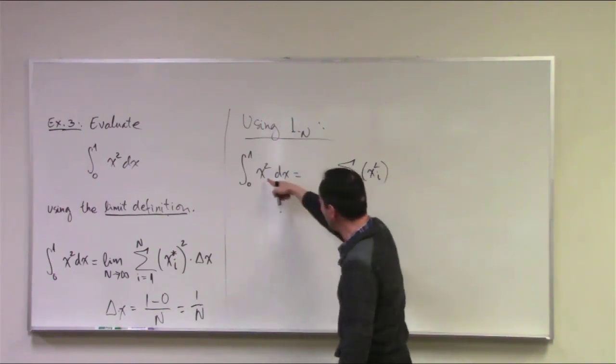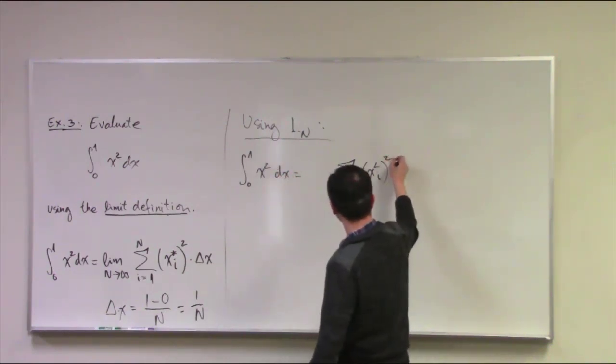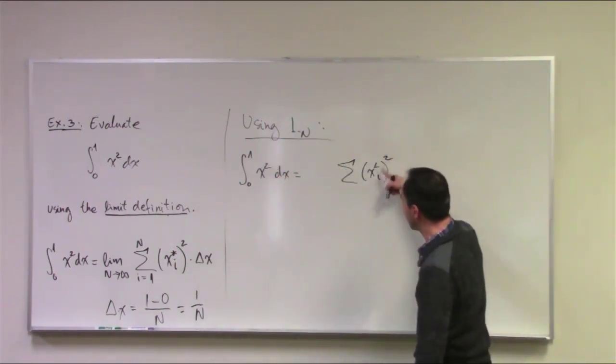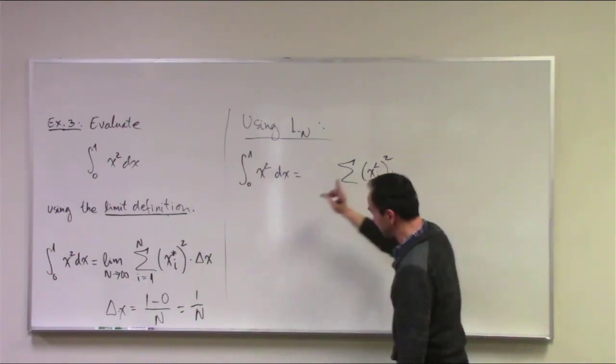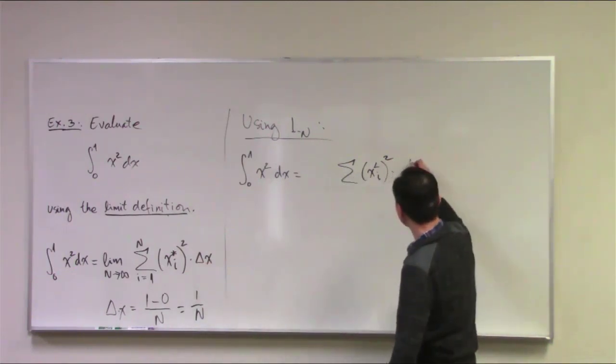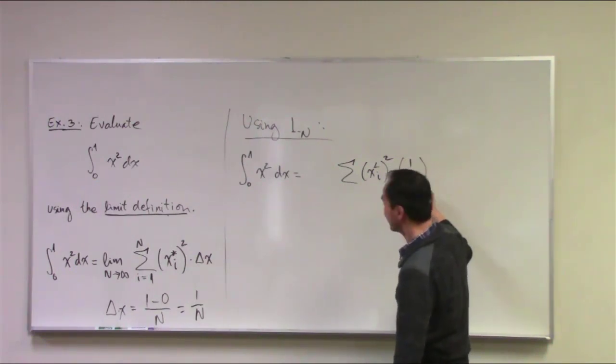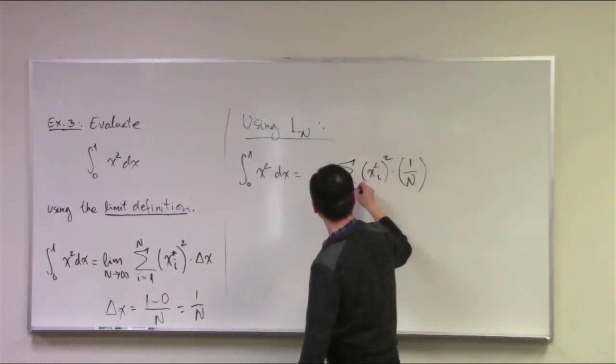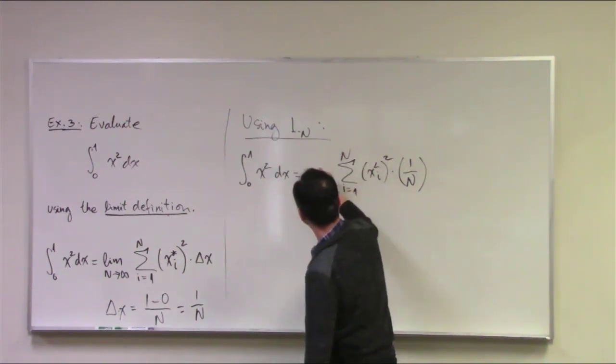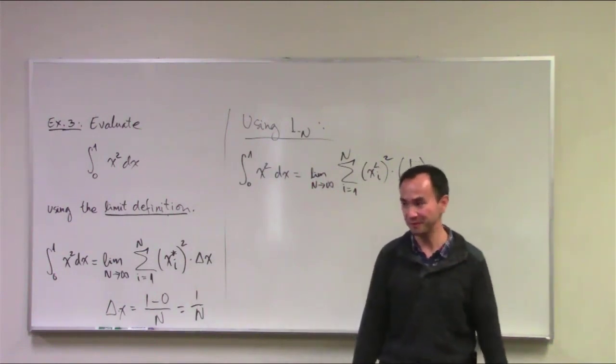The function says we square each value, that's why it's x L i squared. Now the delta x here, I have my legal right to put as 1 over n. You guys following? Okay? And then i is running from 1 to n, and we're taking the limit as n goes to infinity. Any questions?